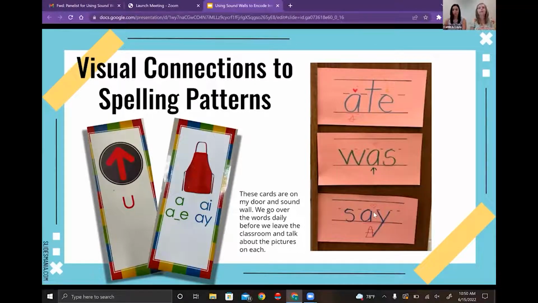And I will go through and I'll point to a word and we'll talk about what the picture is, what the heart part of the word is, and then I'll ask students to say the word. And this helps students who aren't necessarily ready get in line. It helps also with that repetition of seeing that word over and over and over again. And then sometimes we'll also use those words orally in sentences.